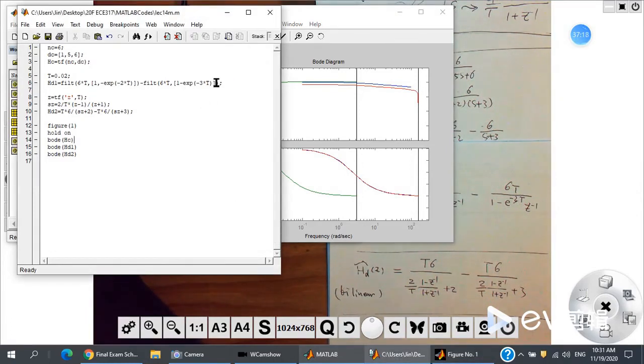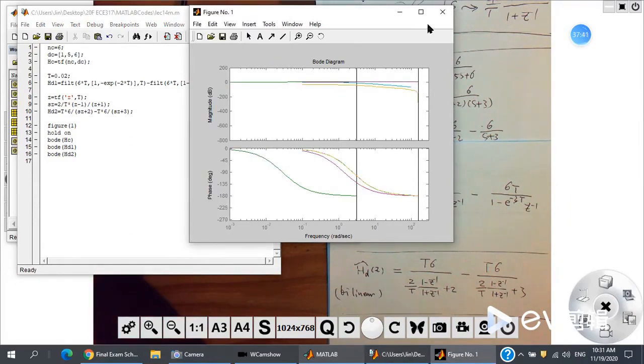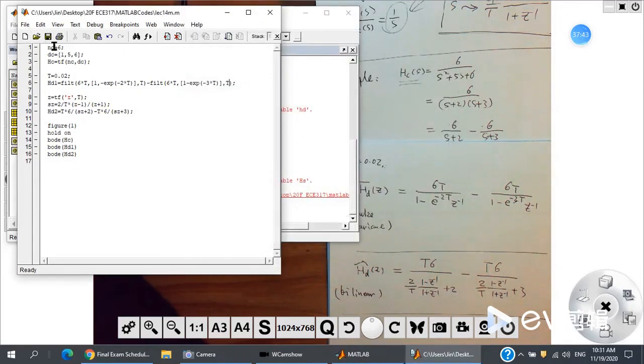For HD, the filter, I have numerator, I have denominator, but I didn't mention T. Let me mention the step here. I need to mention the step because I need to compare with the continuous one, so I need to mention the T, so they can have the same step to work on. Let me close.